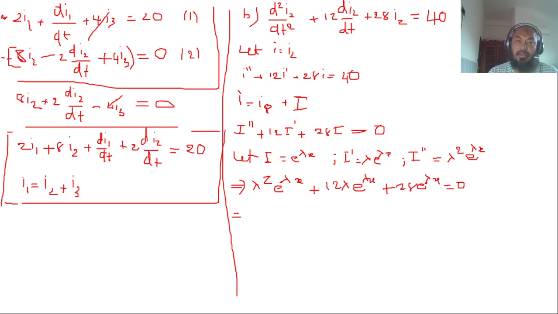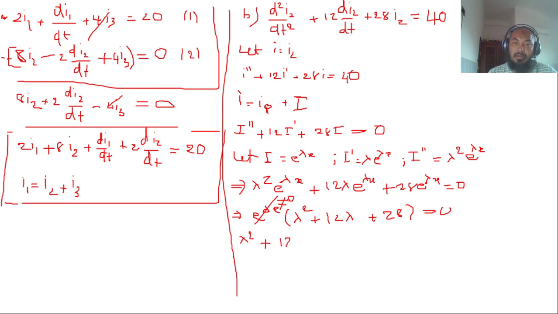So we will get E lambda x times lambda square plus 12 lambda plus 28 equal to 0. So this one is different from 0. So we will get lambda square plus 12 lambda plus 28 equal to 0.